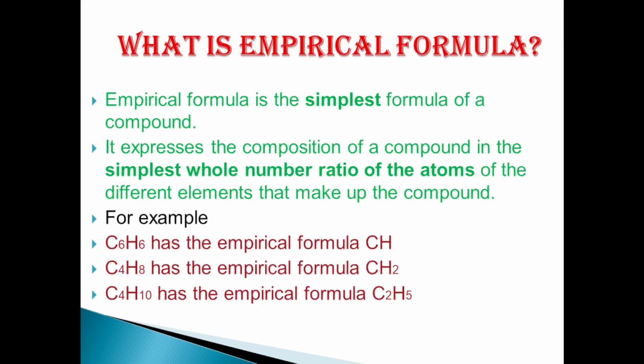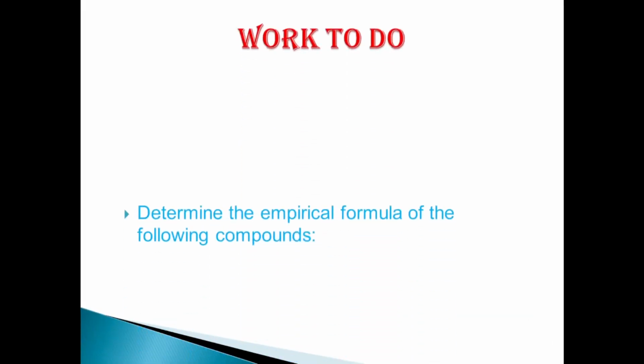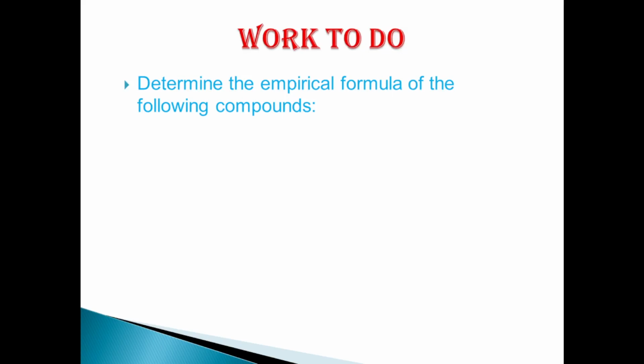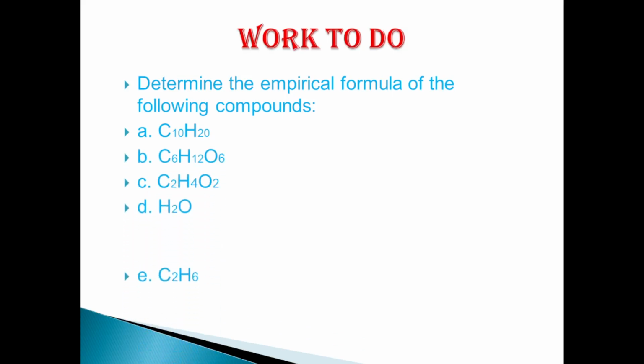So that is a simple way of breaking down a molecular formula, that is a formula of a compound, down to its empirical formula. Let's identify the empirical formula of the following compounds. You are going to do this, put down your answers.